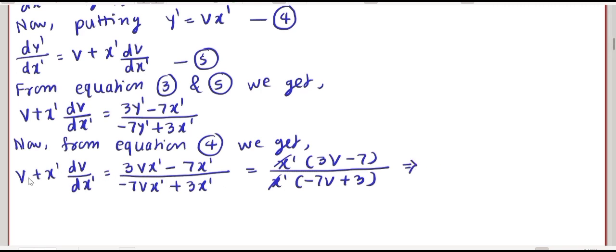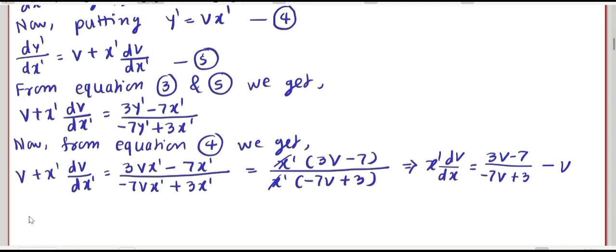It implies, now here we are taking the v to the right hand side, we get x' dv/dx' is equal to (3v minus 7) divided by (minus 7v plus 3), and here we get the minus v.